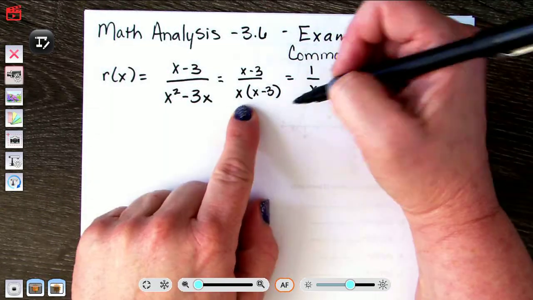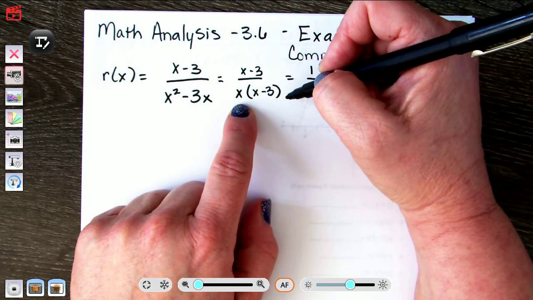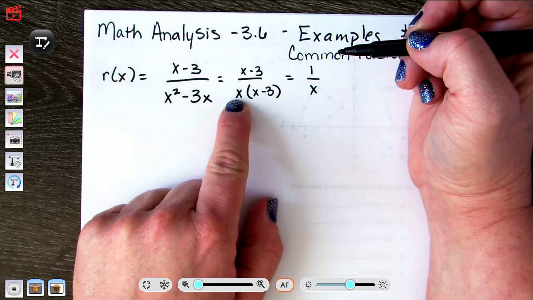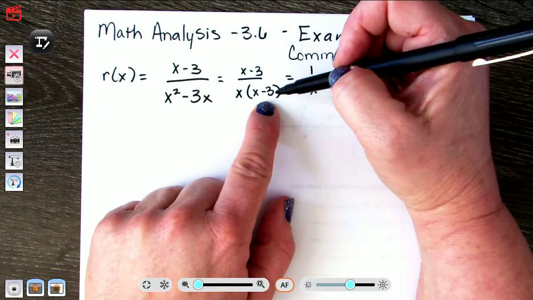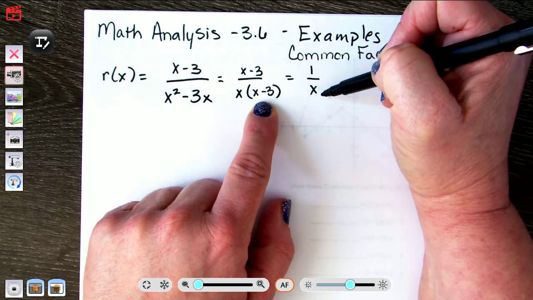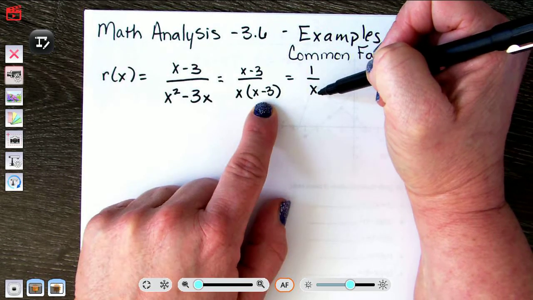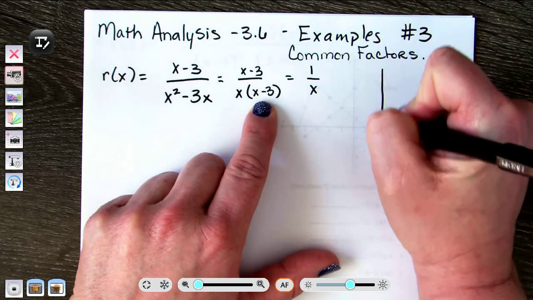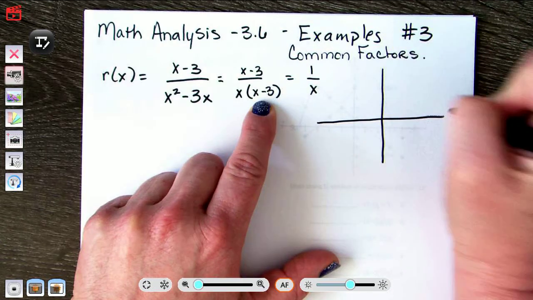The one we started with, we can substitute anything we want into it except for 0 and 3, because we get zeros in our denominator and we have problems. Here we still have that problem when x is equal to 0. So these two are identical except for one little thing.